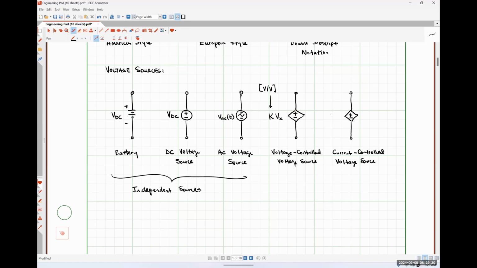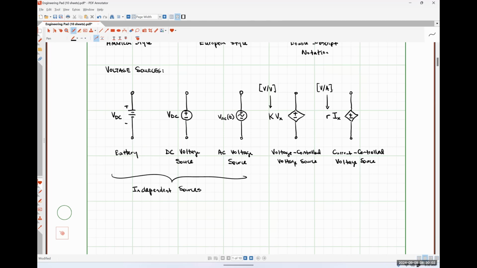So we might have something that looks like, and I'm going to use this scaling symbol as a lowercase g. Actually, I messed that up, lowercase r times some current Ix, where our scaling factor r has units of volts per amp.